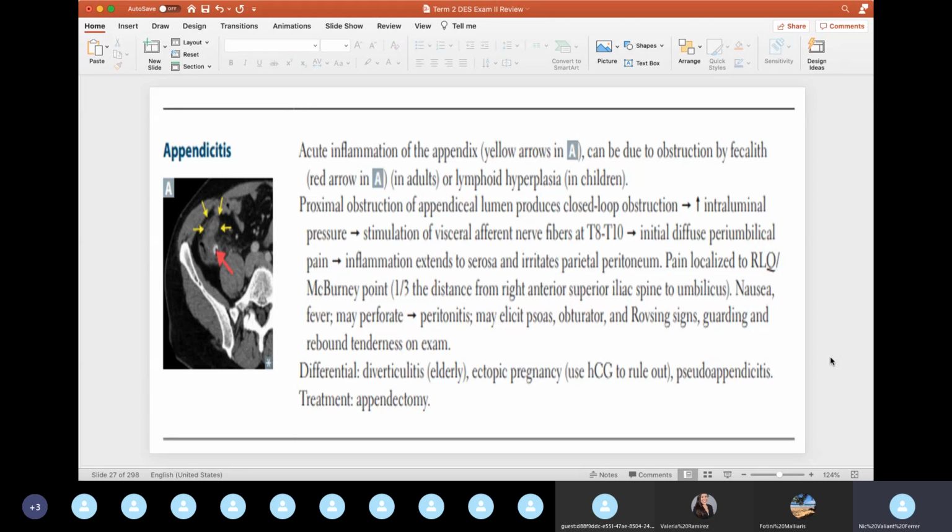So why do you have pain in appendicitis? Anyone? What causes the pain? Let me rephrase the question. When can you have the pain localized in the right lower quadrant?